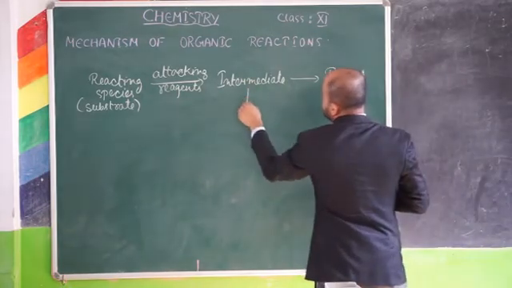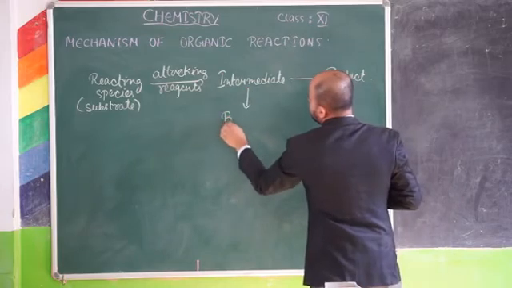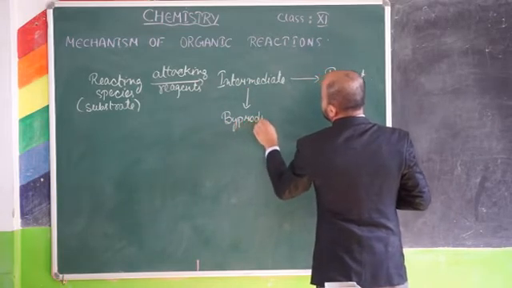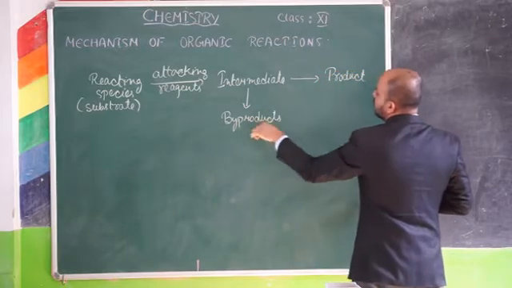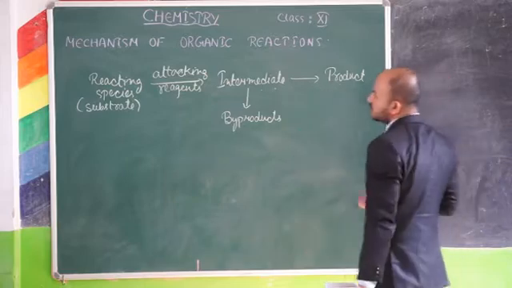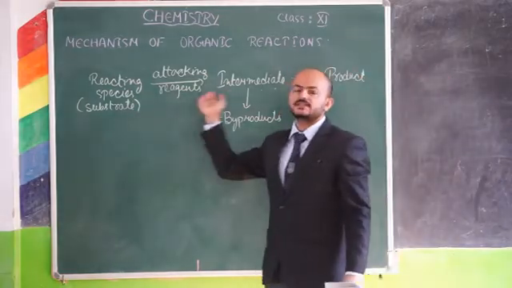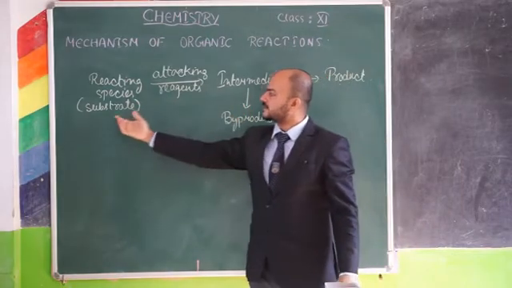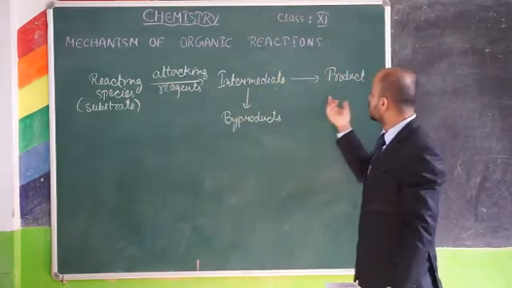From the intermediate, some byproducts can be eliminated, and finally after elimination of the byproduct from the intermediate, we get the product. So this is a sequence of reactions for a substrate to be converted into product.